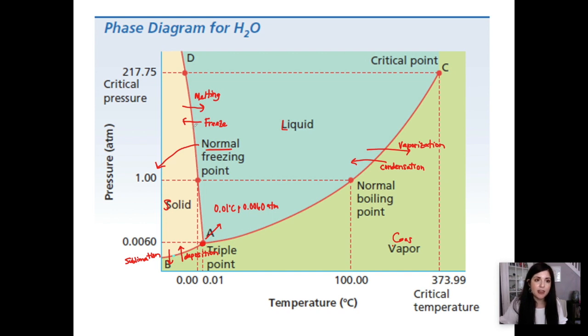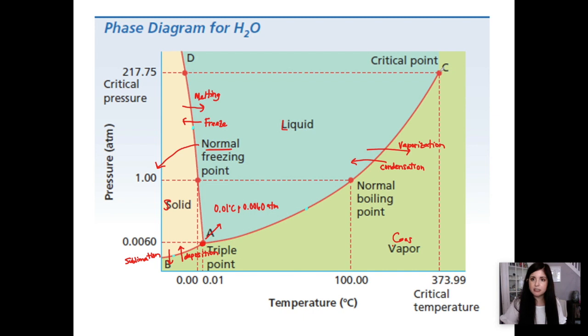If I'm right here at these conditions, whatever that might be, I would have a solid and a liquid coexisting together. If I'm right here at those conditions, I would have a liquid and a gas coexisting. We call that equilibrium. And you've heard me mention that word a couple of times so far. We don't talk about equilibrium in Chem 2. That's definitely an AP subject. But equilibrium just means that they both exist together in one system.